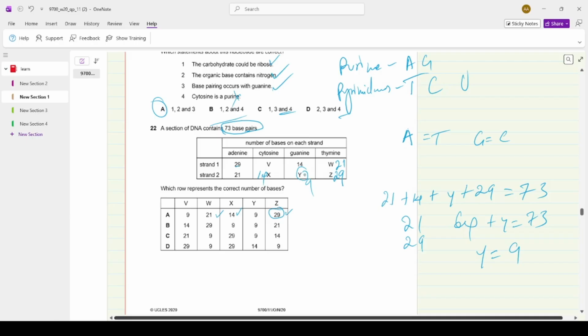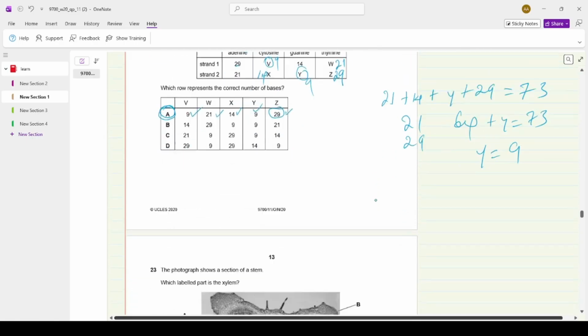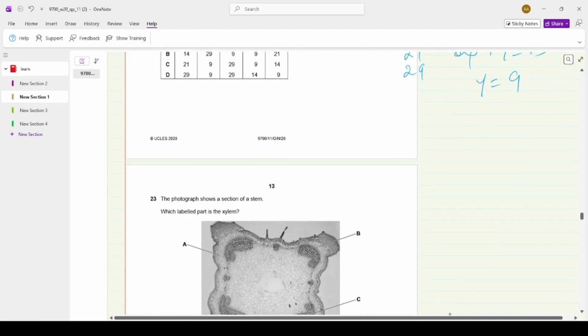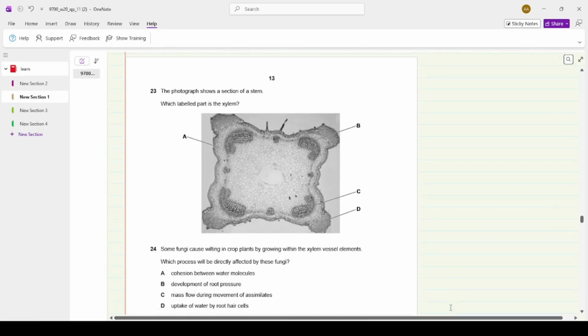So if we have guanine as 9, then we should be having also 9 on the opposite strand as for cytosine, because they are pairing together. So here the best option was A. So we just need to remember the pairing rules of these bases.